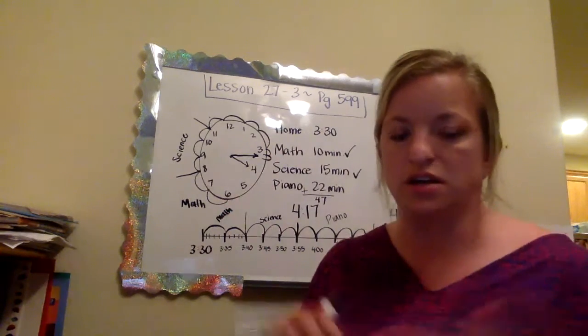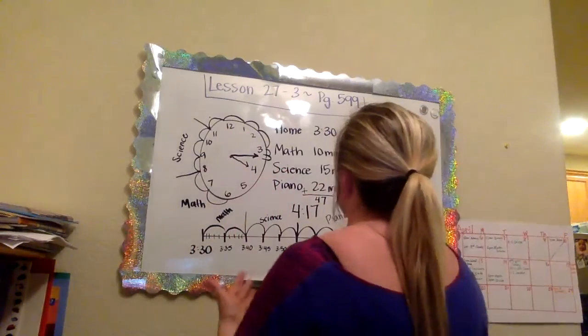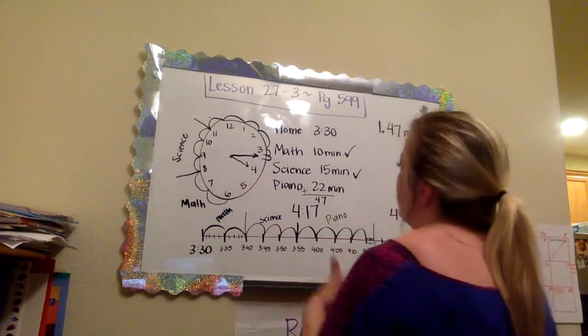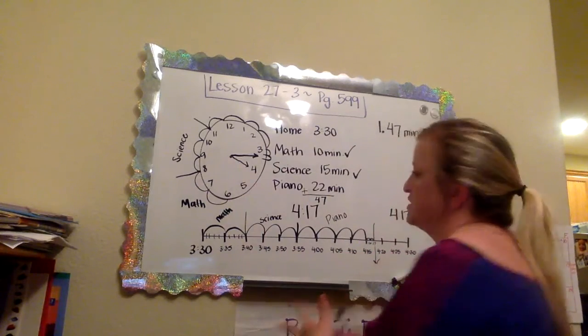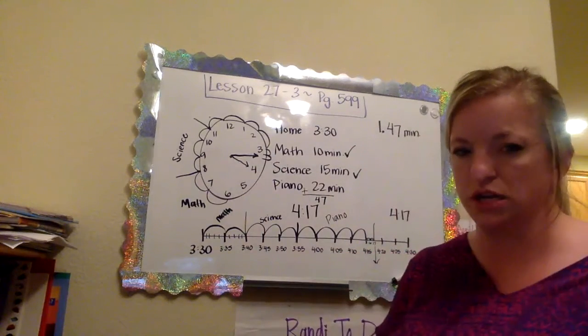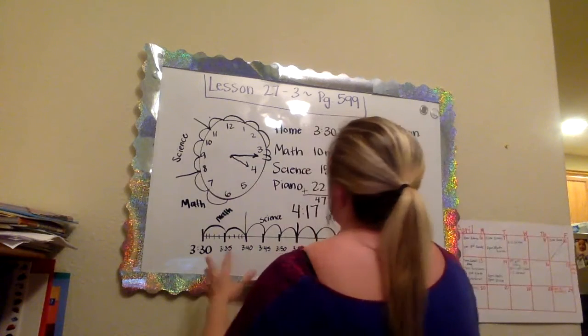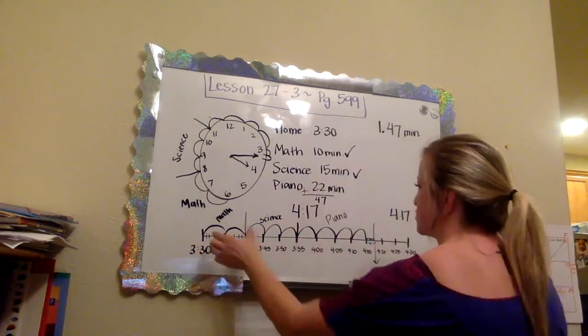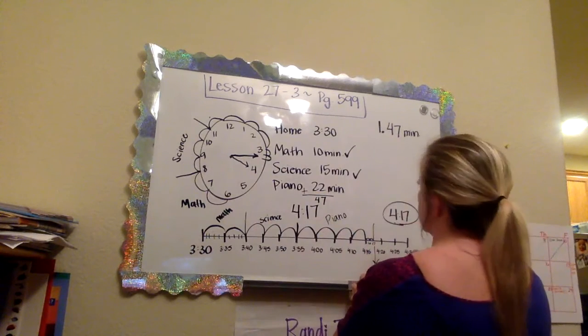So it's just flipping it. So first we found out what time she was done, and then we found out the elapsed time. What they're saying is use the elapsed time to then find out how much was done. Does that make sense? So it's a little bit confusing. So first we went from 3:30 and we added all of these on to find out that she was done at 4:17.